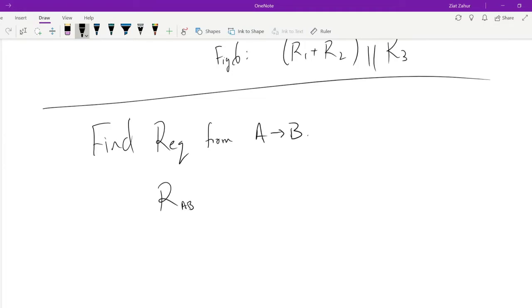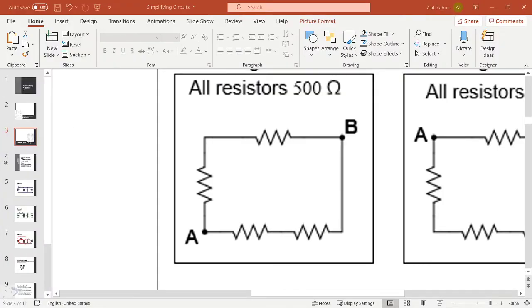This tells you that the current is coming into junction A and then going out of junction B. So you would do a current flow diagram from A to B and then figure out what the Req is. So this is slide 2, number 1.